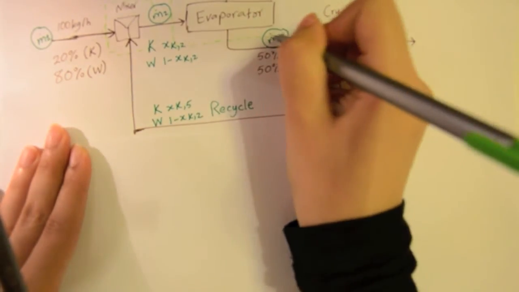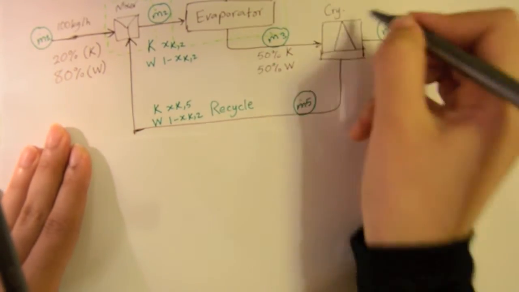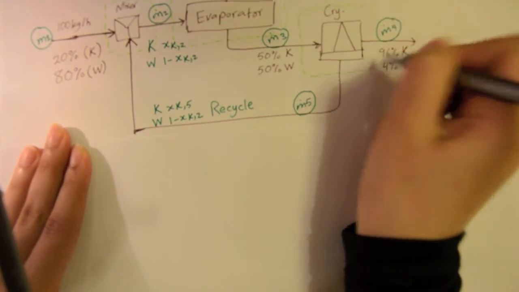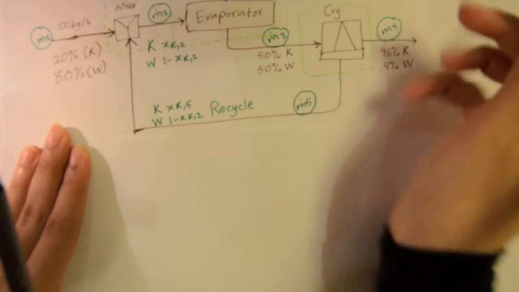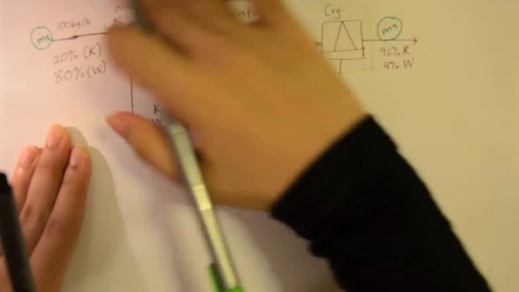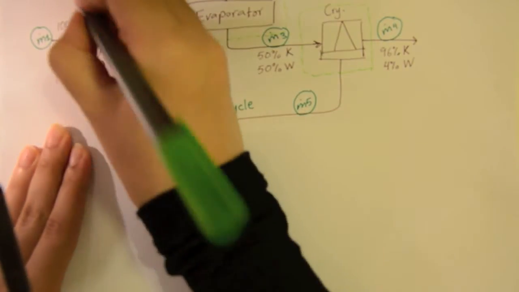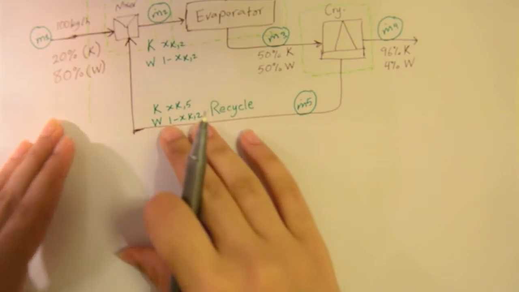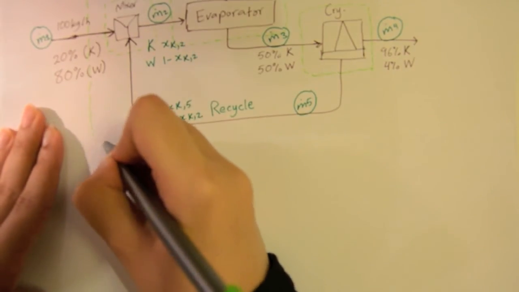And the third one is the crystallizer. And finally, we have to make a border for the whole process.